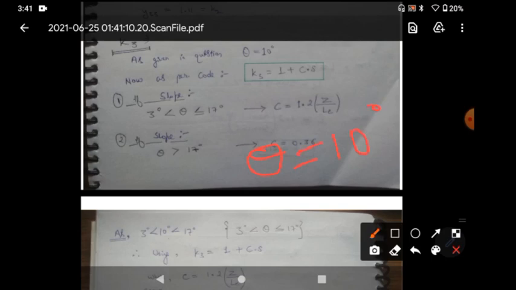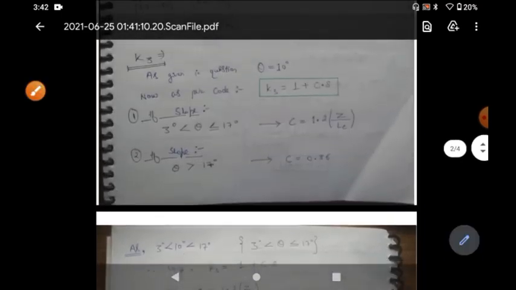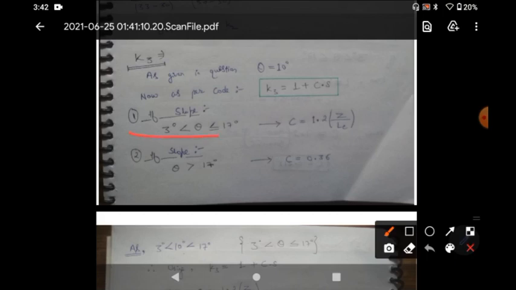So it definitely lies between 3 degree and 17 degree. As I have already told you above, we are going to use this criteria for the calculation of C.